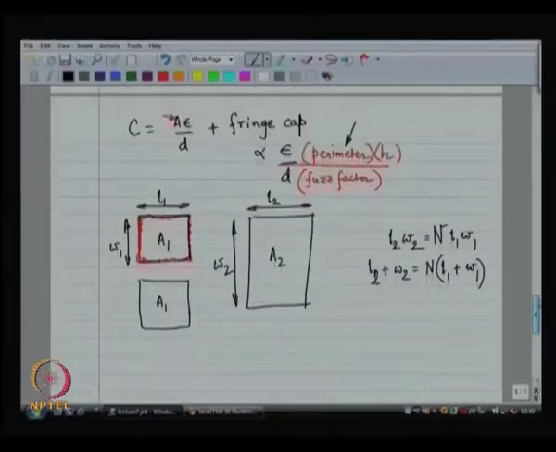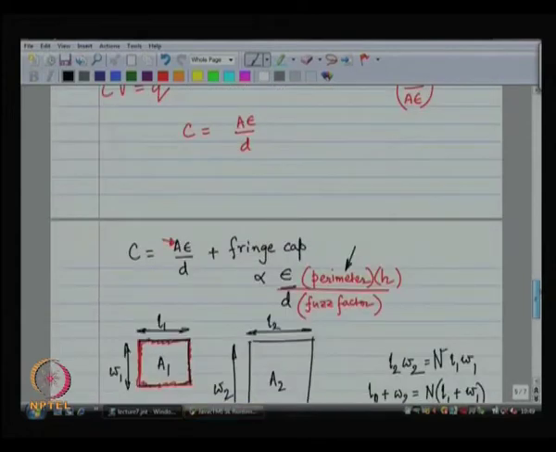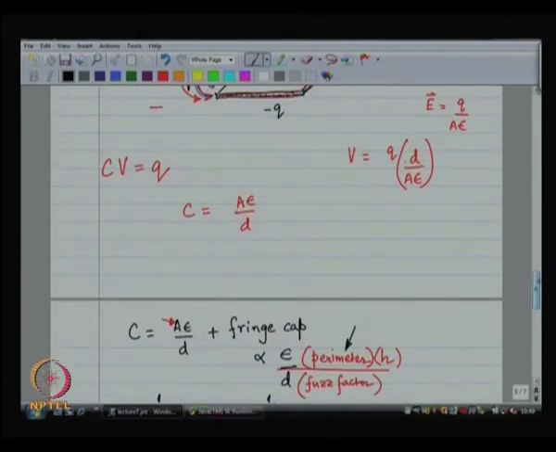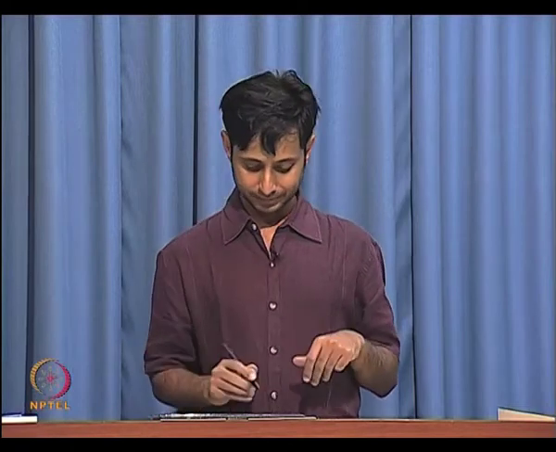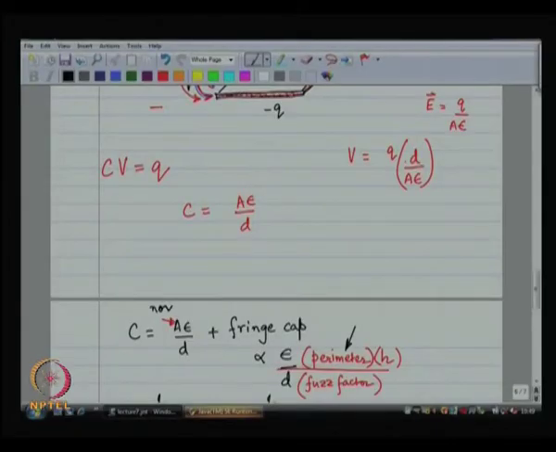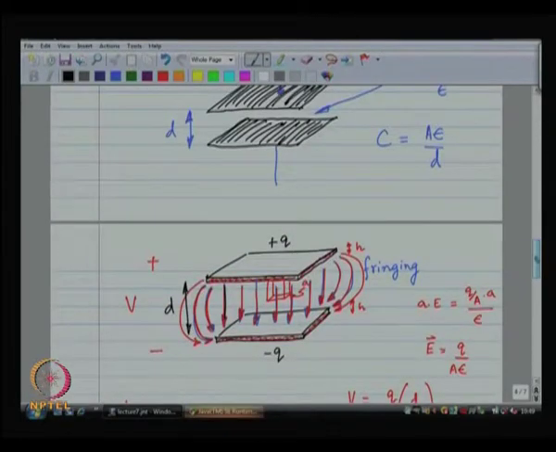One more important thing of note over here: when do you think the fringe capacitance is more important than the other, A epsilon by d? So, let us say this is the normal capacitance. When is the fringe capacitance more important than the normal capacitance?